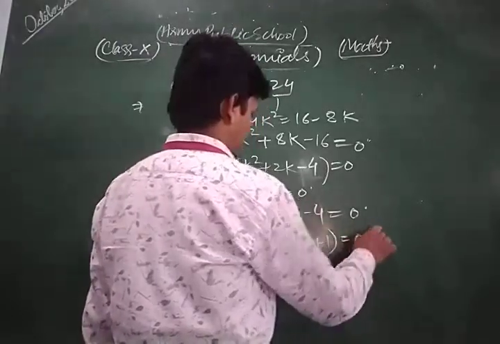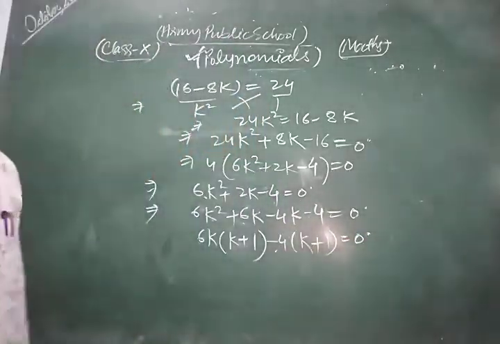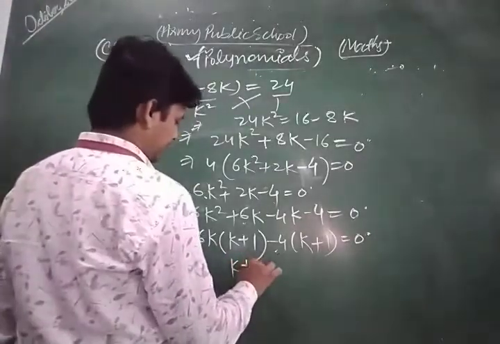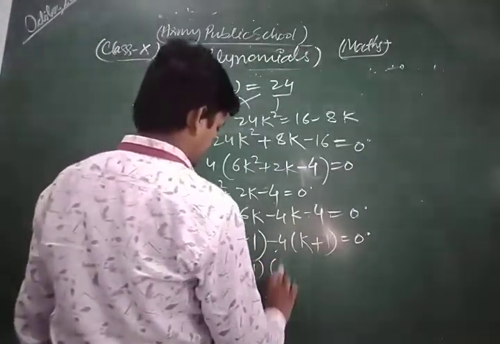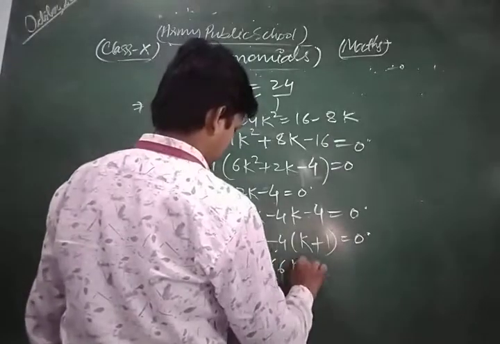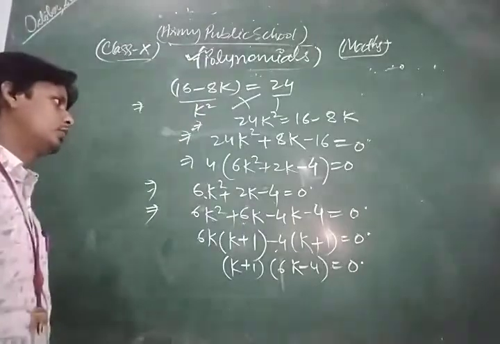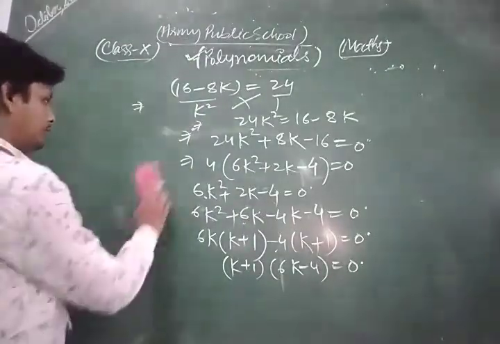Equal to 0. Now, dear friends, we have k plus 1 in one bracket and 6k minus 4 in another bracket, and it is equal to 0.